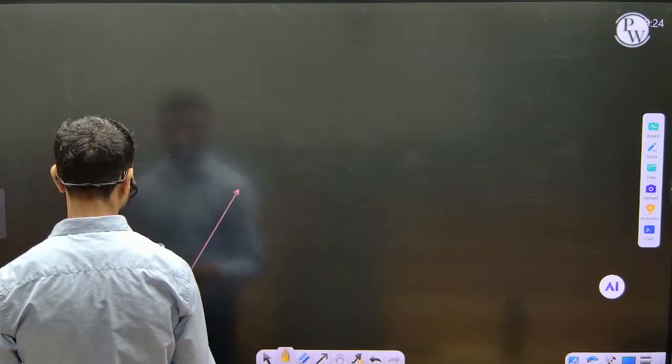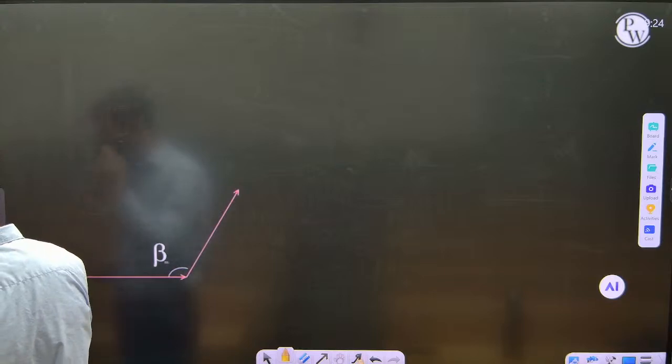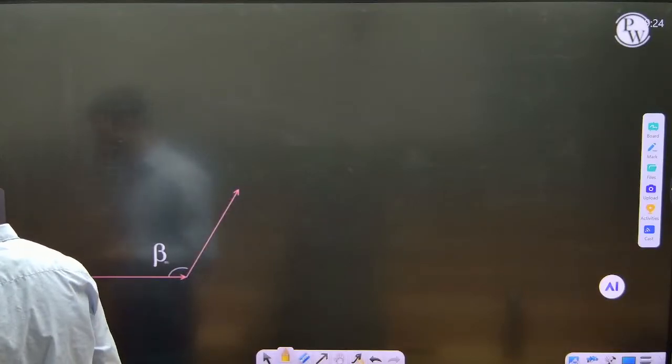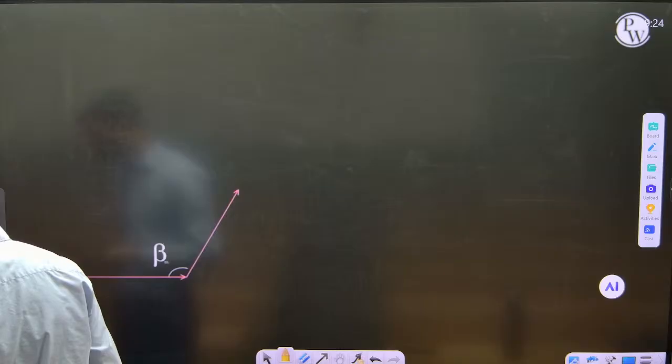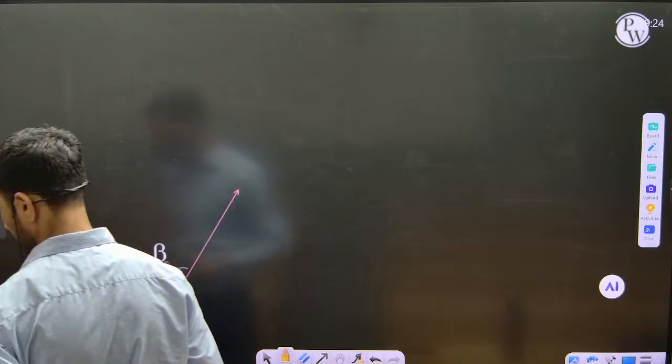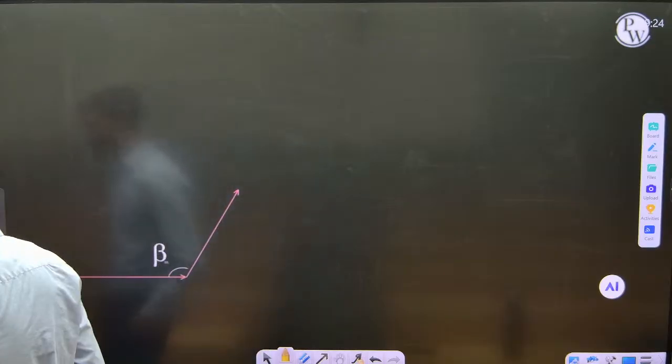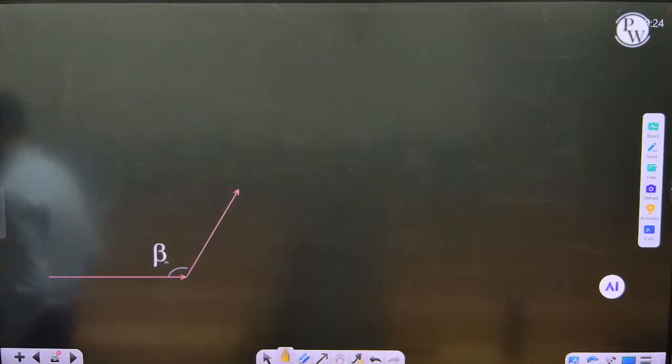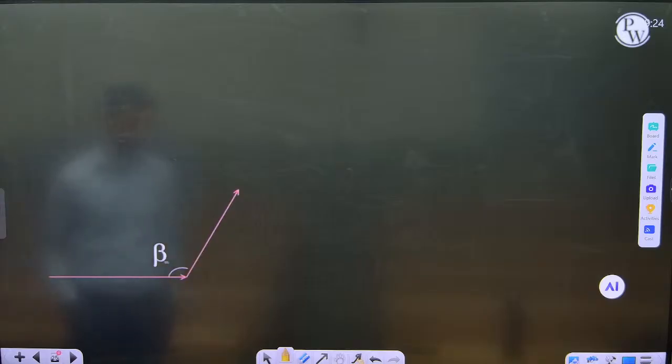Next, what will be the angle between vectors here? Can you tell me? We have to do the same thing here also.